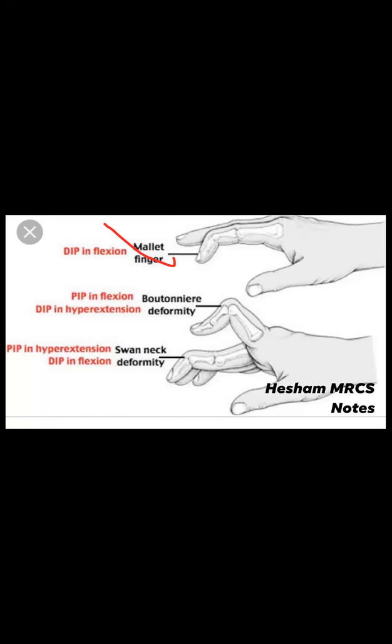And both of Boutonniere deformity and Swan neck deformity are the reverse of each other. In Boutonniere deformity, there is flexion in the proximal interphalangeal joint and hyperextension in the distal interphalangeal joint. But in Swan neck deformity, there is hyperextension of the proximal interphalangeal joint and flexion in the distal interphalangeal joint.